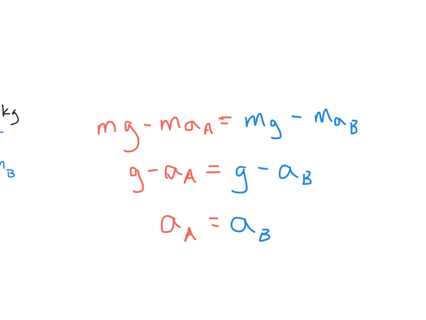From there, mass will drop out since all the masses are the same. And we can move gravity to the same side. That's going to give us gravity minus gravity is 0. And we'll end up with just A is equal to B. So that means that both sides are going to have the same downward acceleration. And that means they both should hit at the exact same time.